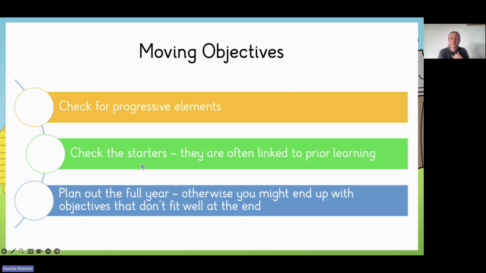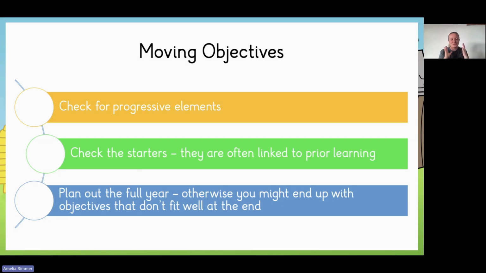Check the starters. You might need to change some of your starters because they're often linked to prior learning. So if you've moved objectives about, your starters might not match with the previous one. It can just be a case of swapping them about, or you can just change your wording on your starters and say it's maybe not the previous lesson, but it is something that we've done before.